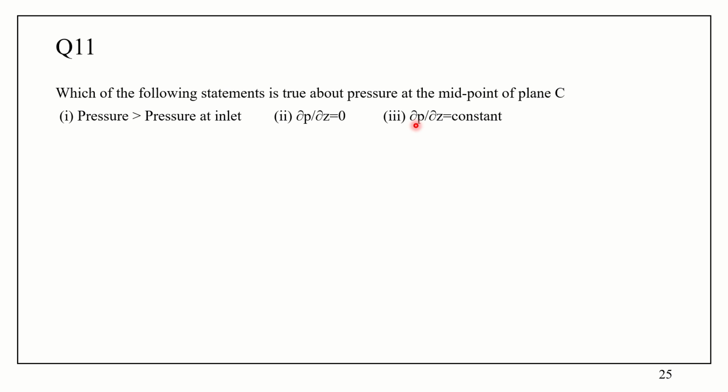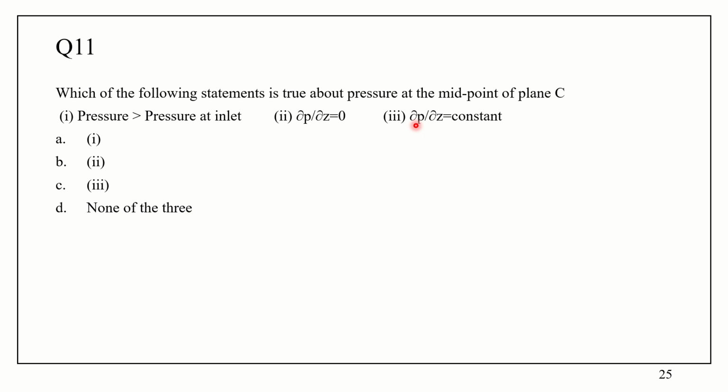Option 3, dou P by dou Z equal to constant. So the options are option A it is 1, option B it is 2, option C it is 3, option D it is none of the 3.